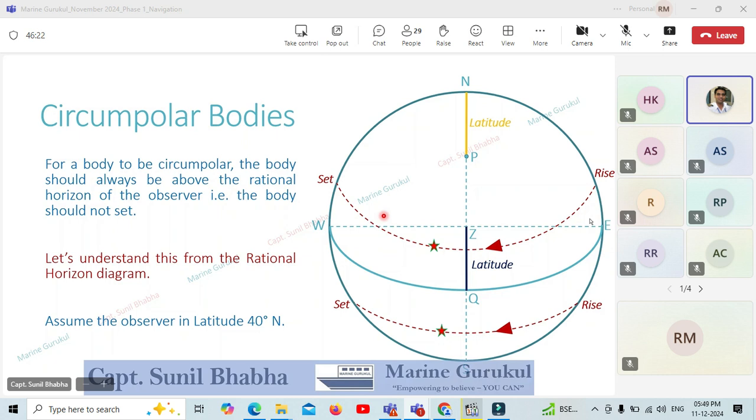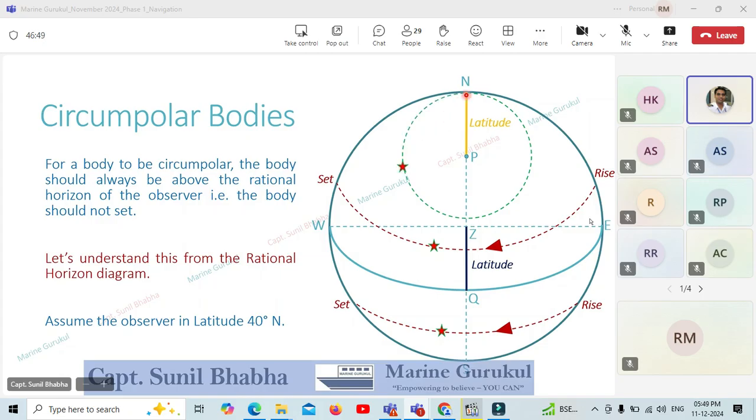Let's try to increase the declination a little bit now. Let's assume a third body, this particular star now. This is also having a northerly declination, but the declination is more than what we had in the previous case. Let's try to draw the declination circle of this particular star. Now the declination circle will pass through the body and it will be parallel to the equinoctial.